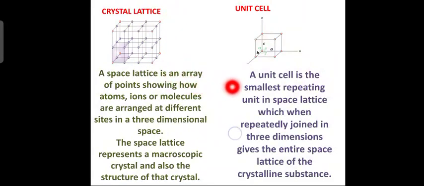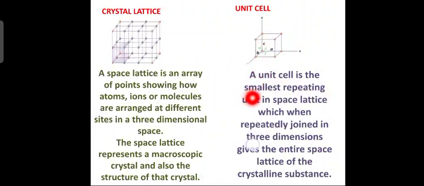Now what about unit cell? Unit cell is the smallest repeating unit in this space lattice, which when repeatedly joined in 3 dimensions gives the entire space lattice of the crystal. You can see here this is the smallest repeating unit, whereas here a number of repeating units are present. So the crystal lattice contains a number of repeating units, whereas the unit cell contains only one, the smallest repeating unit.